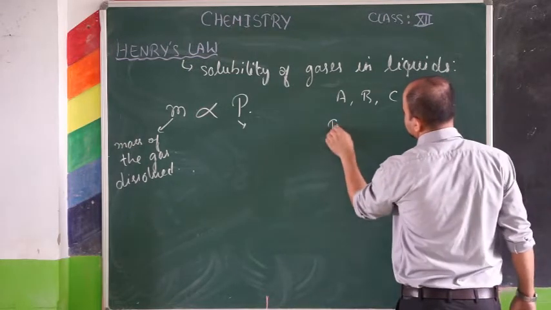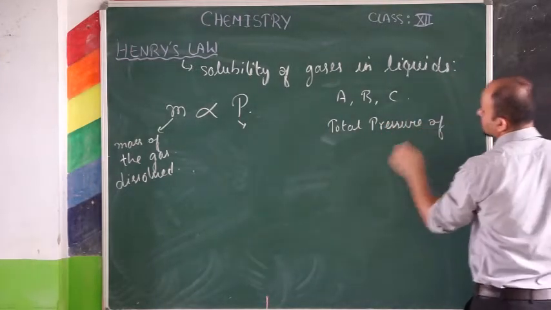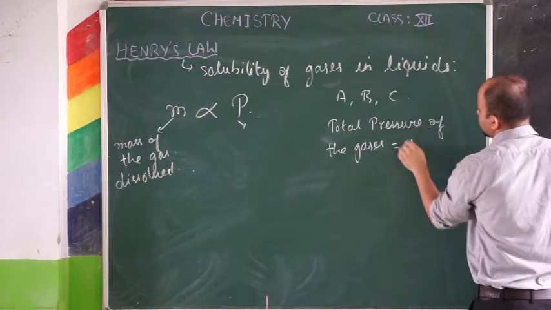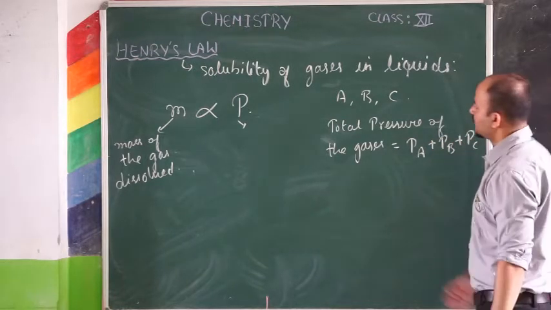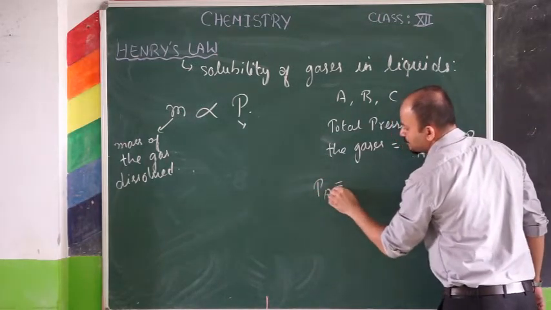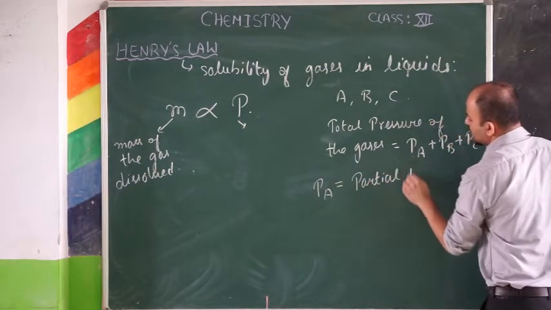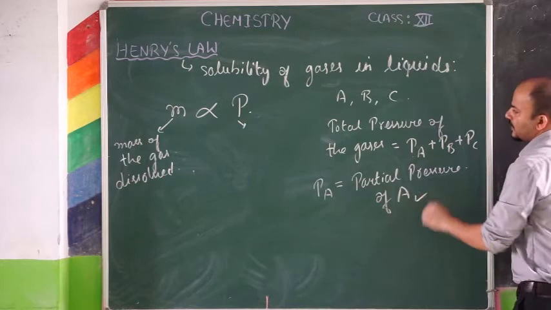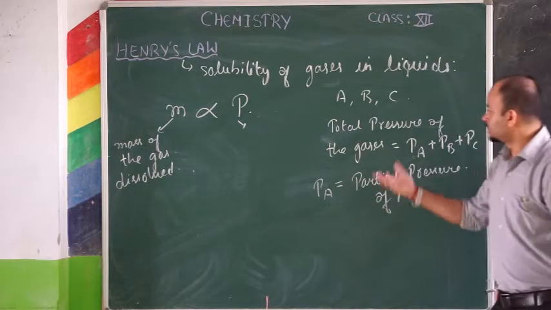The total pressure of all the gases will be equal to the pressure of A plus the pressure of B plus the pressure of C. Now P_A is the pressure of A only, therefore it is known as the partial pressure of A.